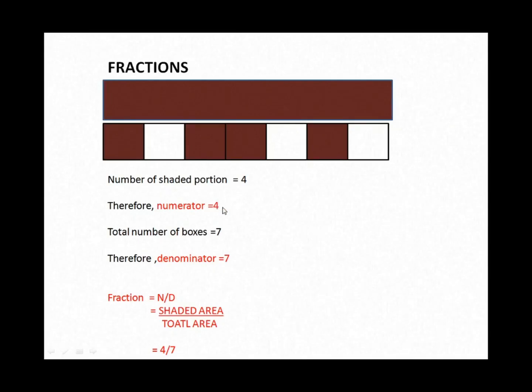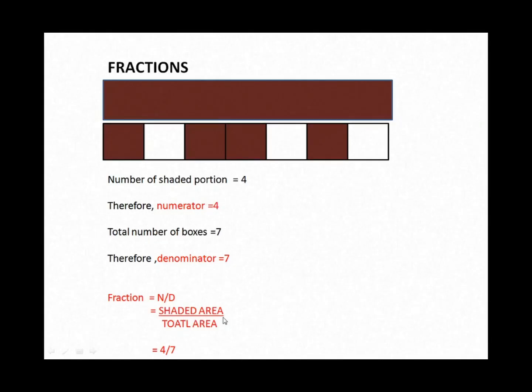Shaded portion is 4. That is, it acts as numerator. Remember, numerator is that part which is shaded or which is used or which is asked in the question. Upon this line is a fraction line.